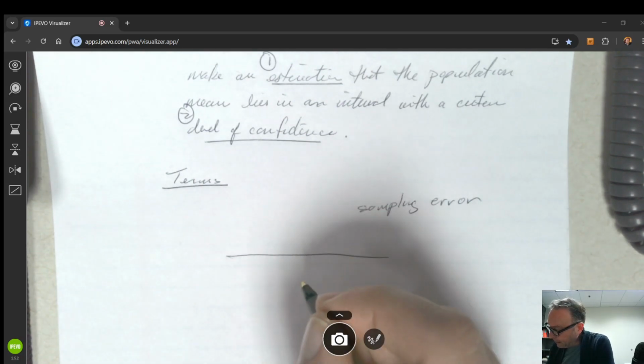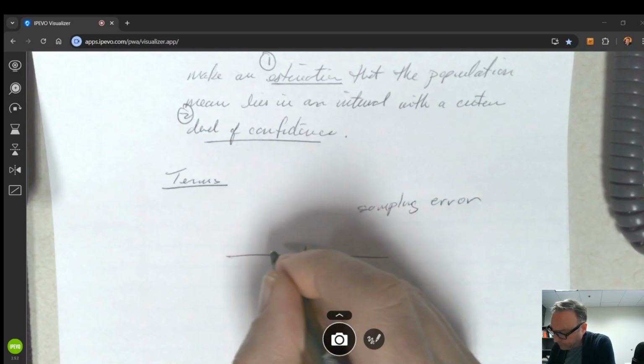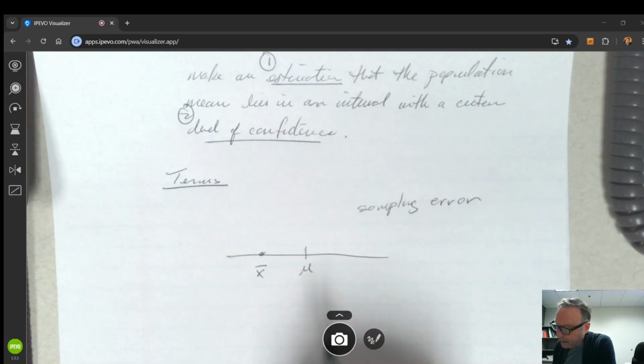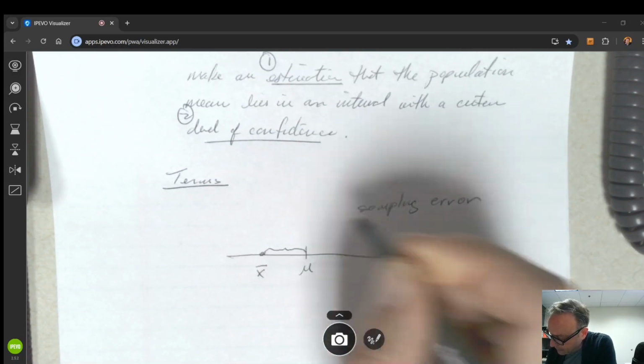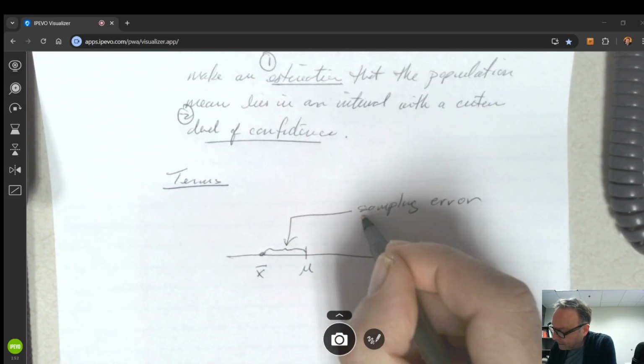Let's say this is the true value, the population parameter. And then for whatever reason, I end up here with my statistic's value, which is actually below the mean in this example. This distance here is the sampling error.